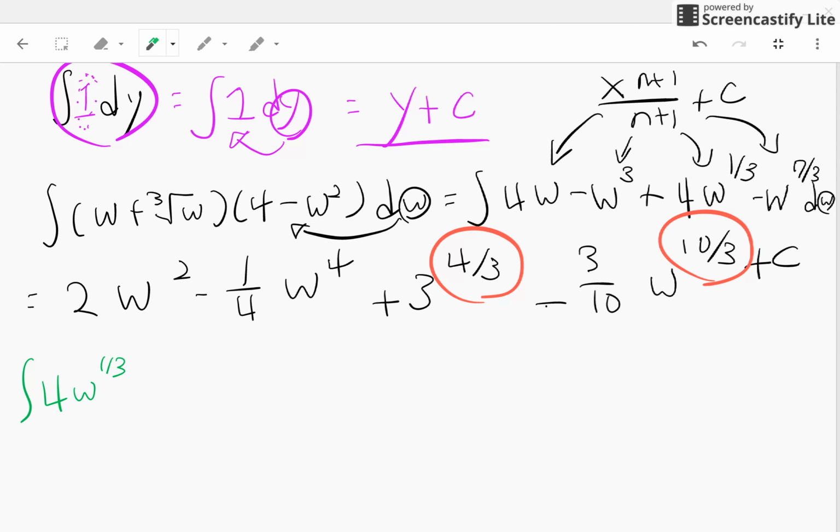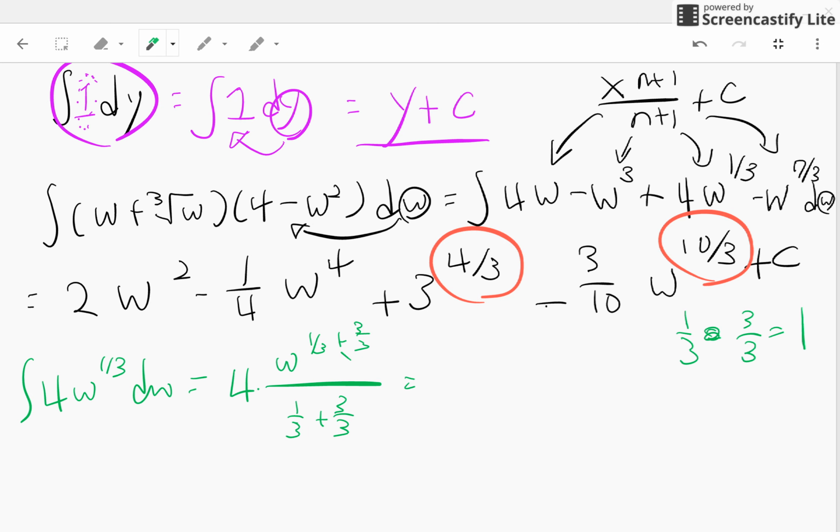We do it like this: 4 times w to the 1 over 3 power, but we have to add 1 to the exponent. 1 is equal to 3 over 3, so we can add 3 over 3 instead of 1 here and divide by 1 over 3 plus 3 over 3.